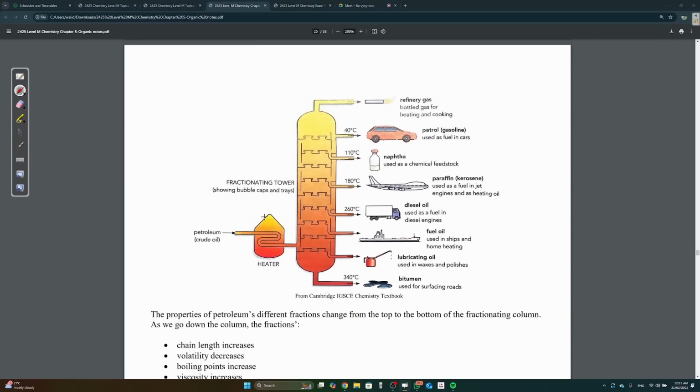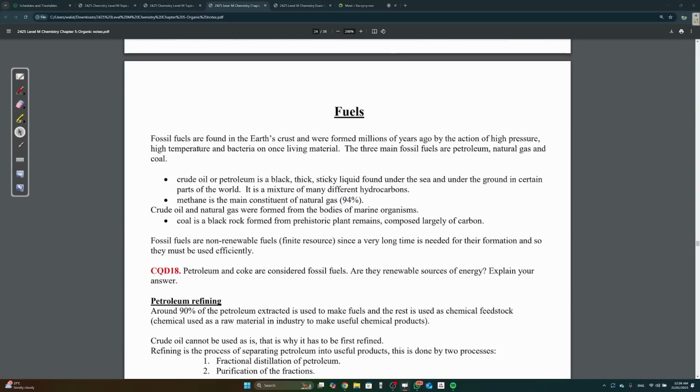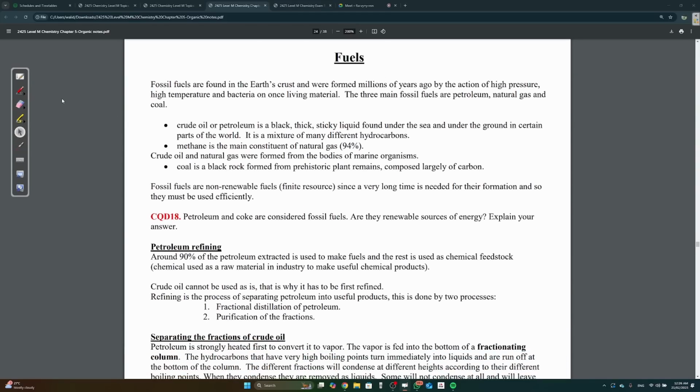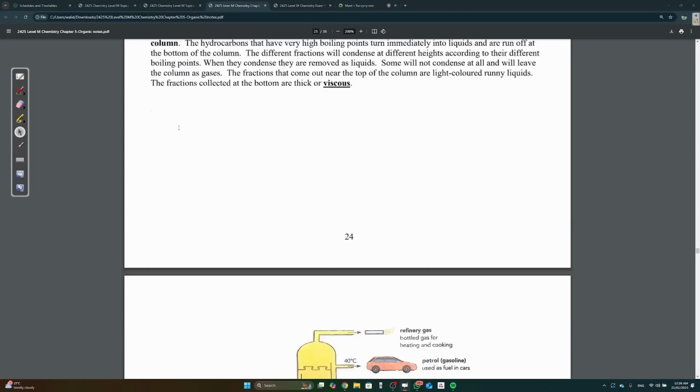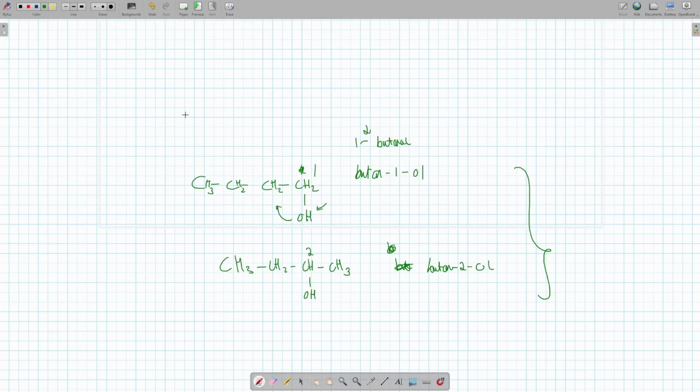Basically, let me go up to explain this first. Fossil fuels, you need to know, are made out of three main categories.